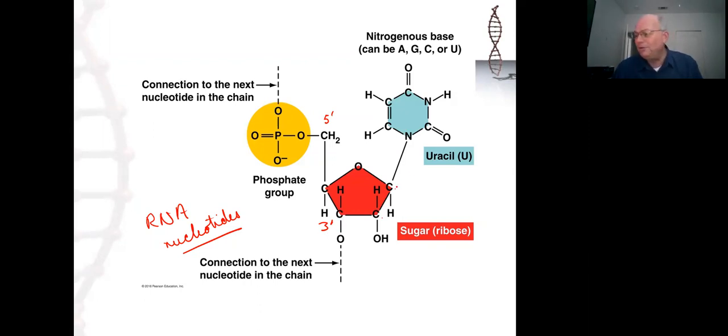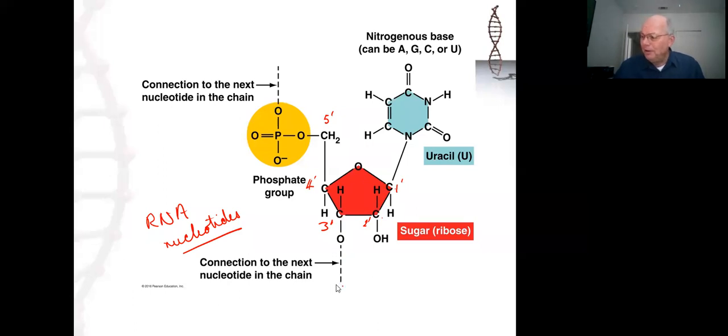So in ribose and deoxyribose, it's 1', 2', 3', 4', 5', but it's the 3' and the 5' that are important in terms of the directionality of the polynucleotide, because the link is between the phosphate on the 5' and the hydroxyl group on the 3'.